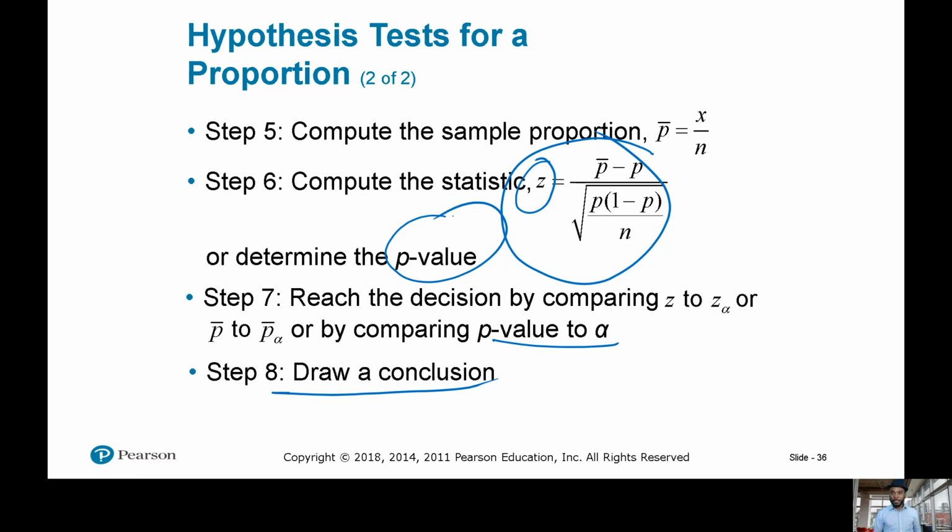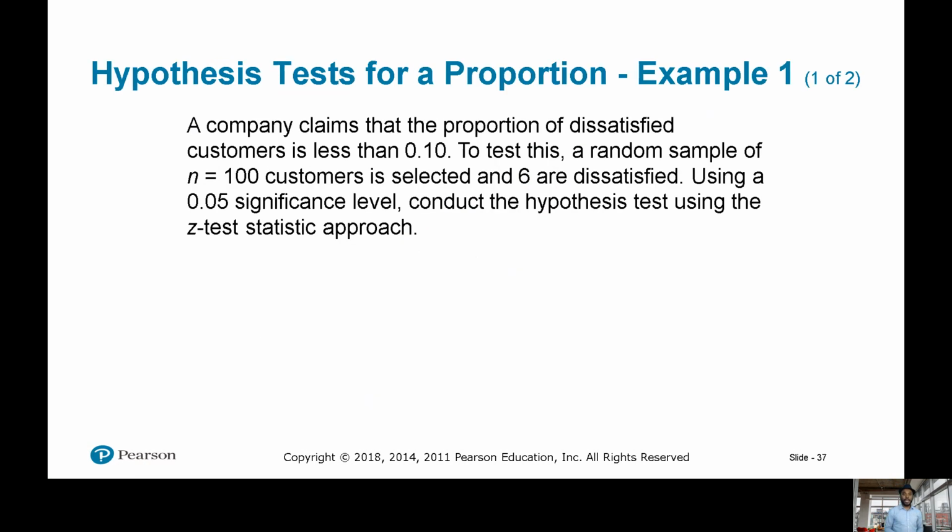All right, my friends. So let's look at an example. Here we have a company that claims that the proportion of dissatisfied customers is less than 0.1. So what the company is saying, the claim, is that p is less than 0.1. That means the opposite is such that p is greater than or equal to 0.1.